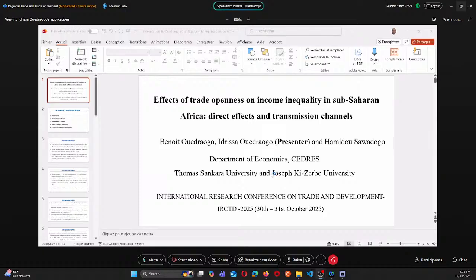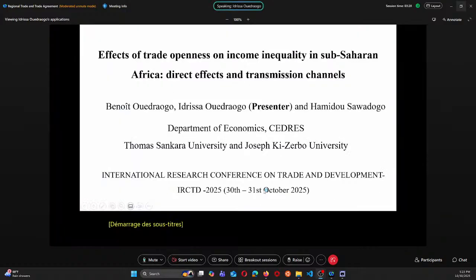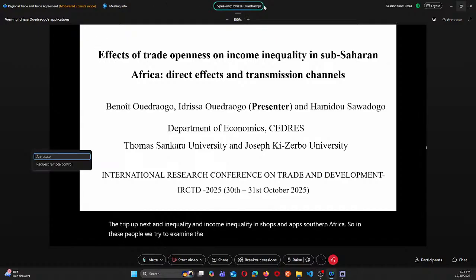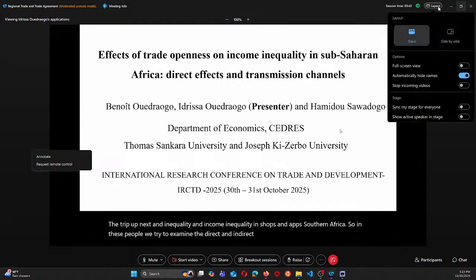So this paper is on trade openness and income inequality in sub-Saharan Africa. In this paper, we try to examine the direct and indirect effects.